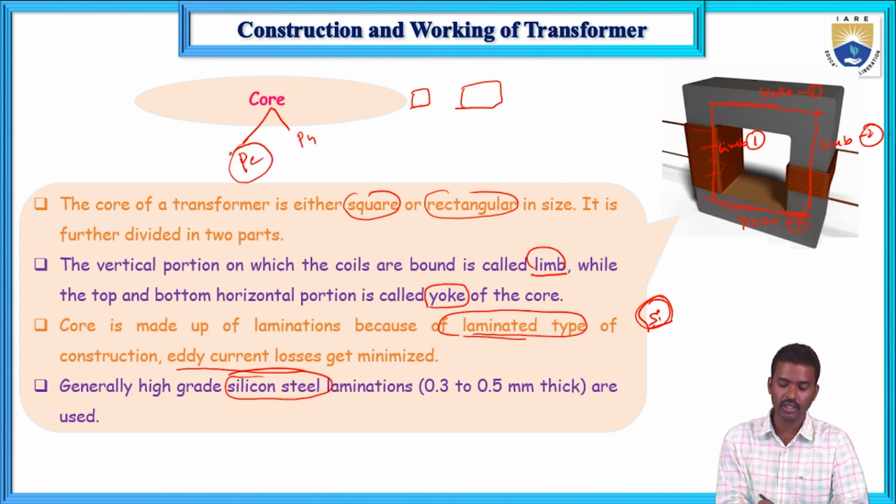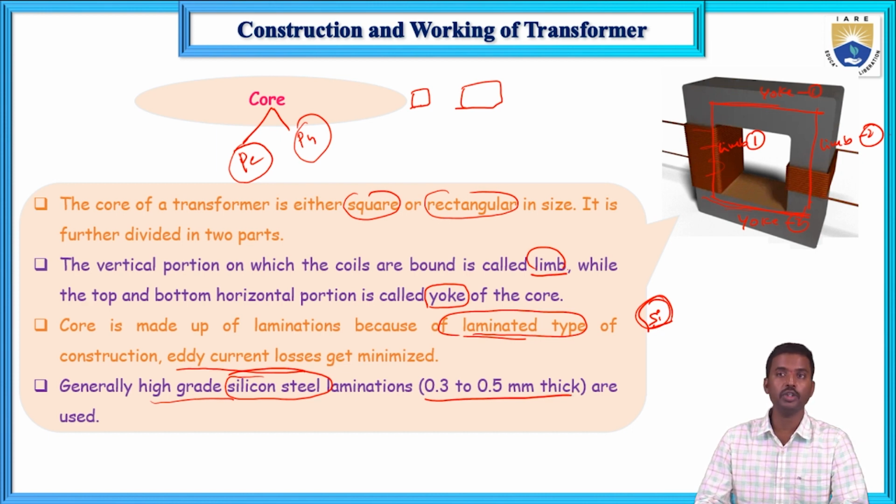To reduce the eddy current losses, the core must be laminated, and to reduce the hysteresis losses, the core must be made up of silicon steel material, high grade silicon steel material. The lamination thickness is 0.3 to 0.5 millimeters. Now here next part is, it is a magnetic material, not electrical material.